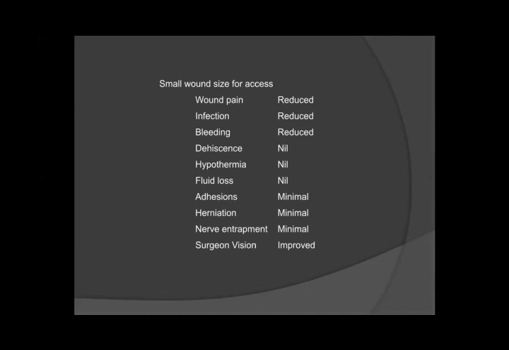There's small incisions, right? Small incisions mean that they're recovering quicker without need for more fibroblasts, and adhesions chances are also automatically decreased. Herniation chances, they're also minimal because the port sizes are so small.